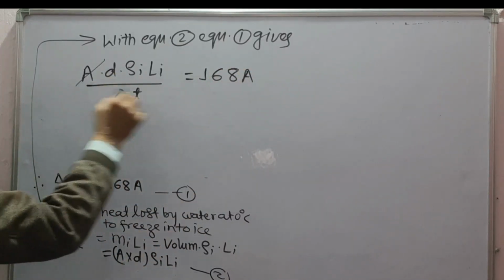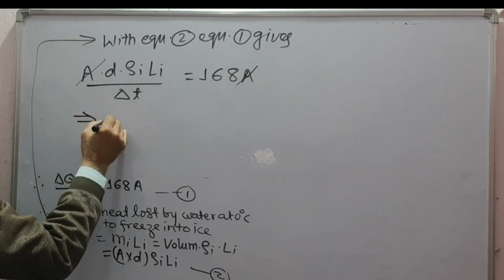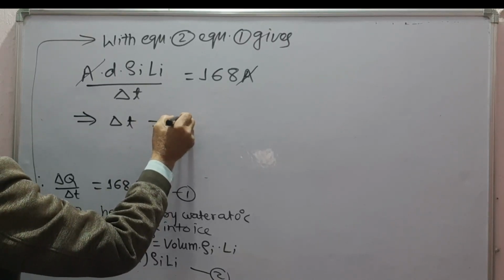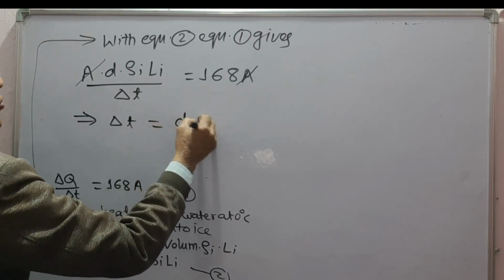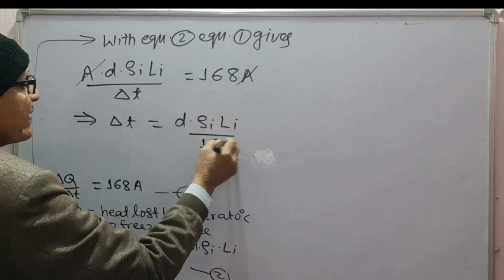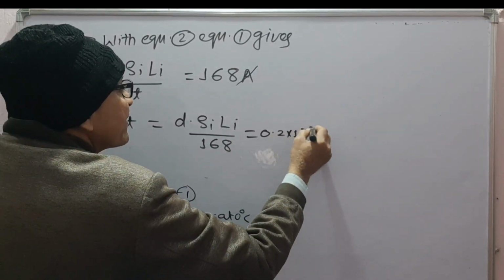Now A gets cancelled and we get delta T as d into rho ice into L ice upon 168, with d equal to 0.2 into 10 to minus 3.